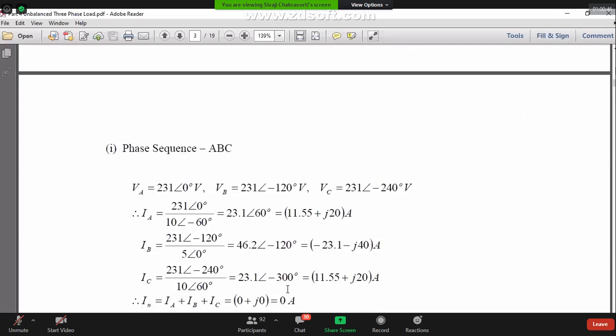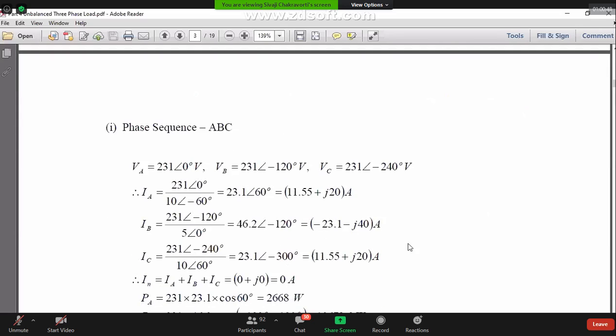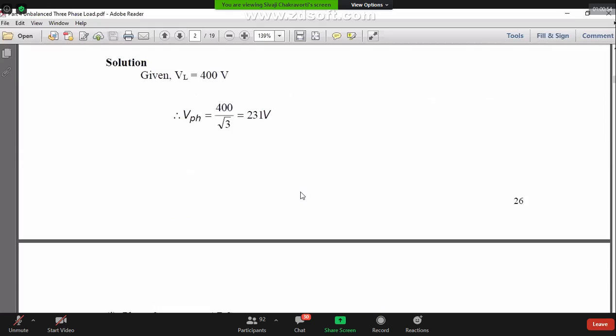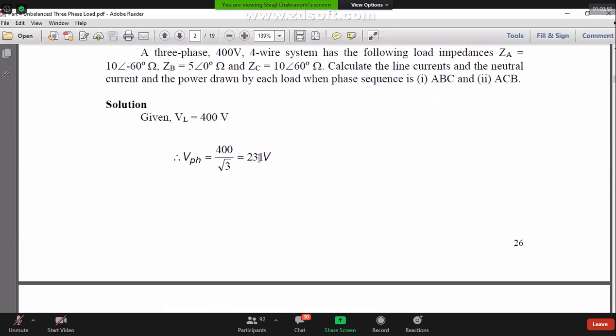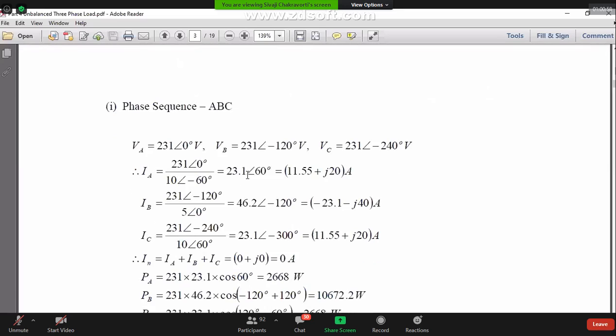So how do I start this? It is a 4-wire system, so the neutral of the source and the neutral of the load are connected. And I am assuming that the neutral impedance is 0. Now, what is the practical significance of that?